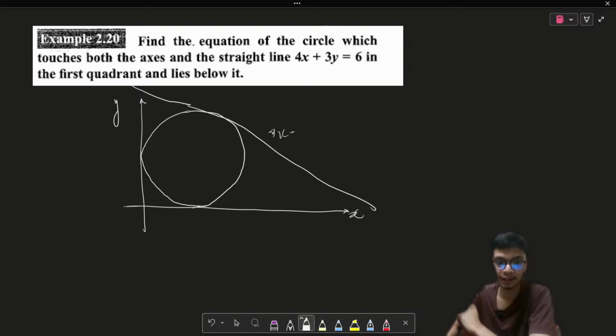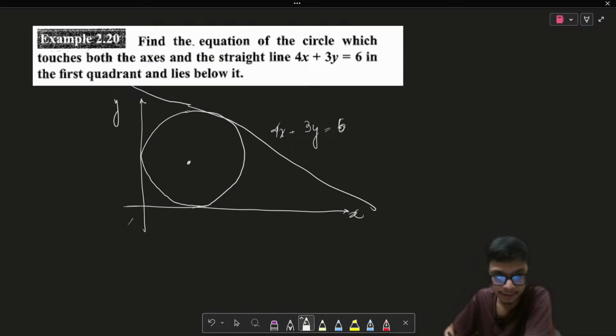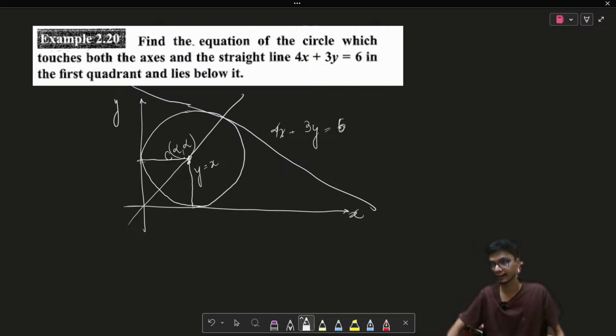This straight line is given with the equation 4x plus 3y equals 6, right? This particular line lies above it. The center of this circle is definitely going to lie on the line x equals y, because if I consider the center as alpha comma alpha, it is touching both the x and the y axis, right? So this is how the scenario would look like.